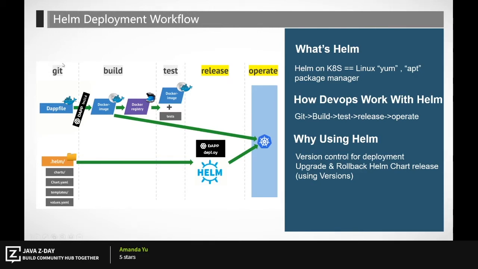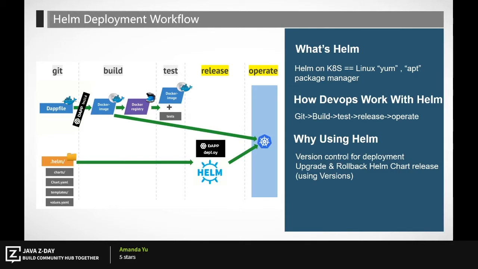First, we need to have a Git repository to write our Helm code. Then we build it within a Docker image. Then we test it, and after the test is successful, you can do the release. It will be sent to the Helm repository. Then the operation team can use it to do the upgrade or deployment.